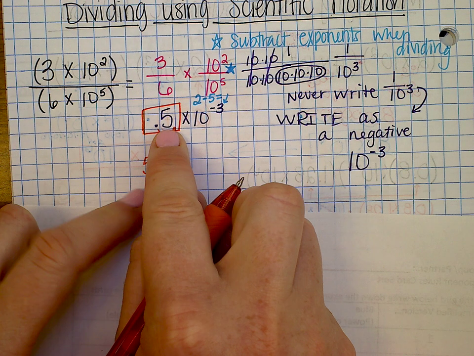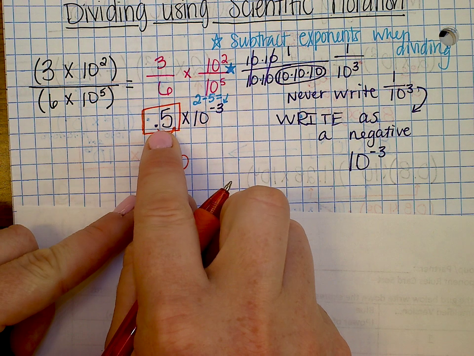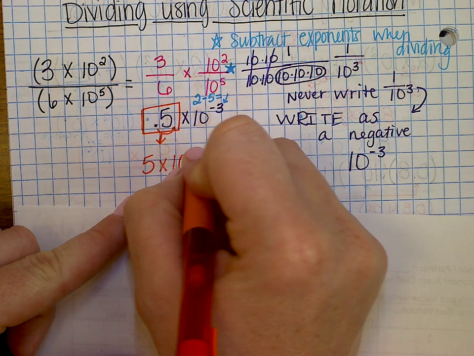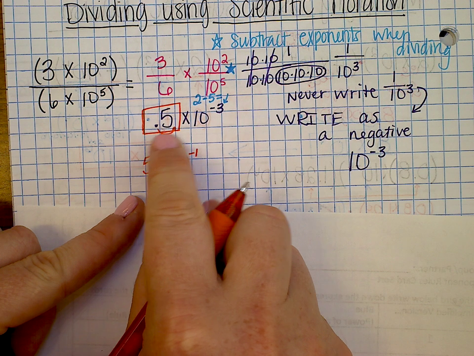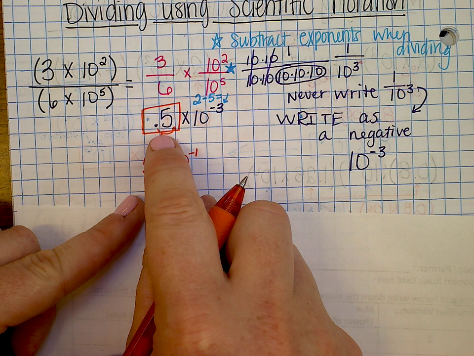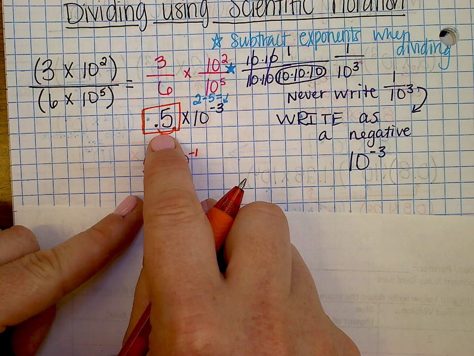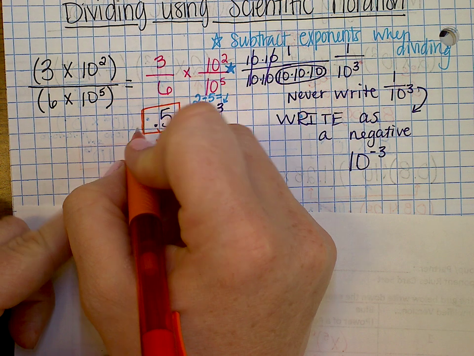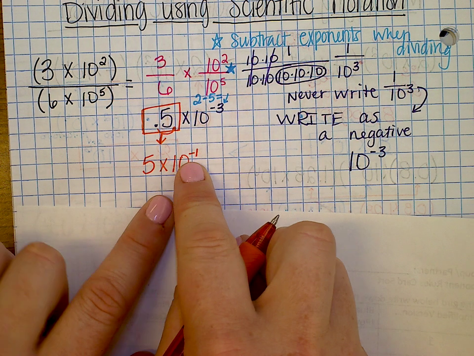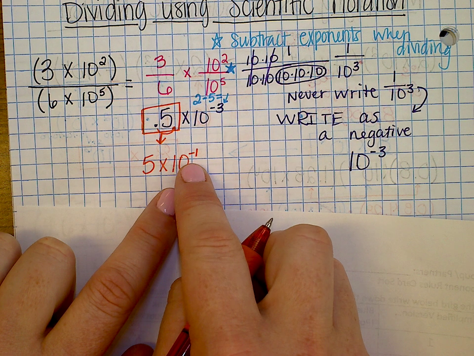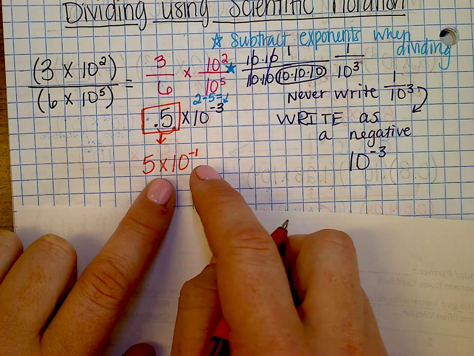Now notice this one was a decimal, it was 0.5. So I moved it once, but it was a fraction, or it's 5/10, so you would have had to multiply it by 1/10. And this is why we went over converting scientific notation first.